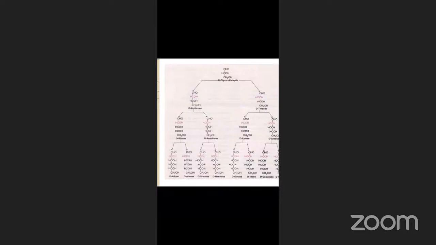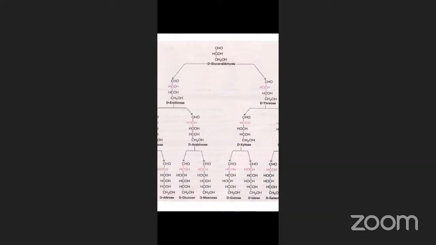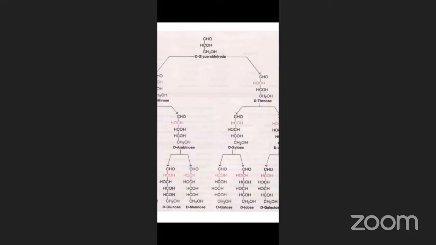Just remember that. Now you have 3 carbons here, so only the middle carbon will have the different orientation. In the middle carbon, you have OH on the right hand side for D-glyceraldehyde; you can have right hand side or left hand side, that is another aspect. But just remember, right hand side is D-glyceraldehyde.